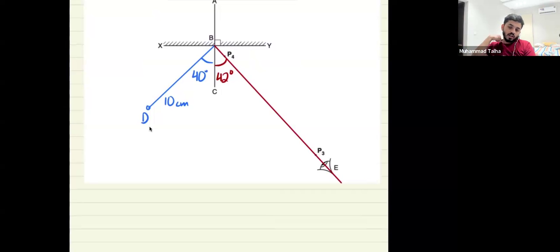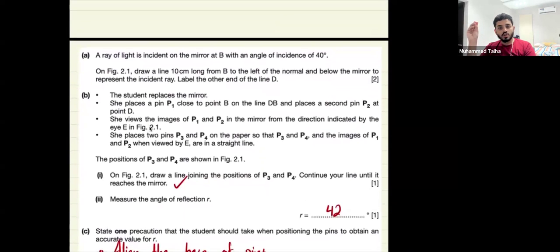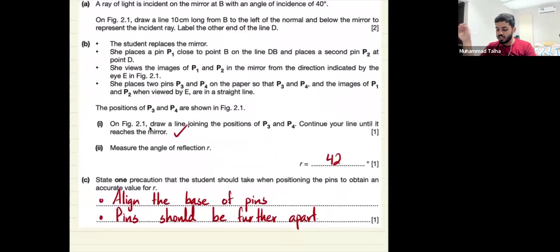Now, if somebody is trying to be extra smart, maybe he'll try to tweak the values and make them both meet at 41 degrees. This is wrong, right? The examiner wants to see whether you are going to fabricate your readings or not. So you just need to be very honest when doing these experiments. You just need to not let the knowledge of theory that you have mislead you in this case.